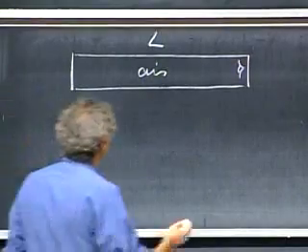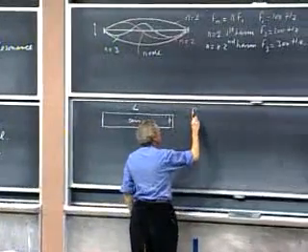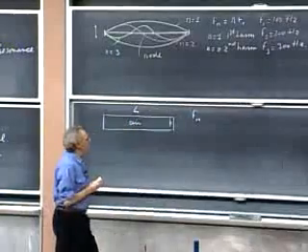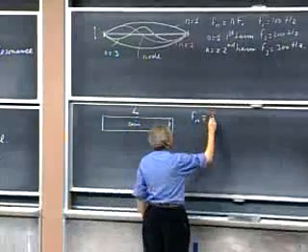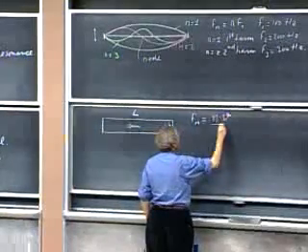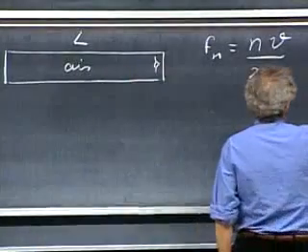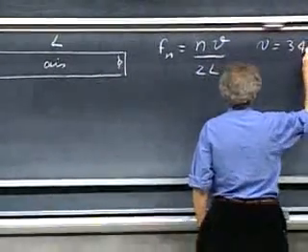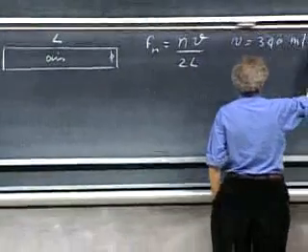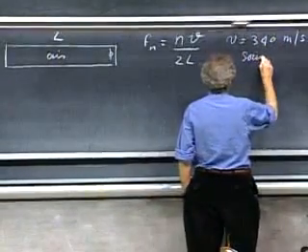In this case, the nth mode, the nth harmonic, is given by f_n = n times v divided by 2L. And v is about 340 meters per second at room temperature, so it is the sound speed.